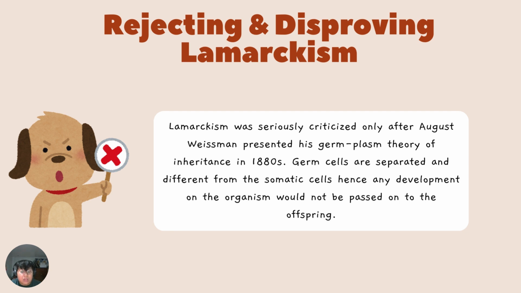This improved knowledge of the relatively new subject of epigenetics refuted Lamarck's idea of use and disuse, including acquired characteristics. So basically, the founding concept of Lamarck's theory of evolution has been refuted by August Weismann's theory of inheritance in the 1880s.